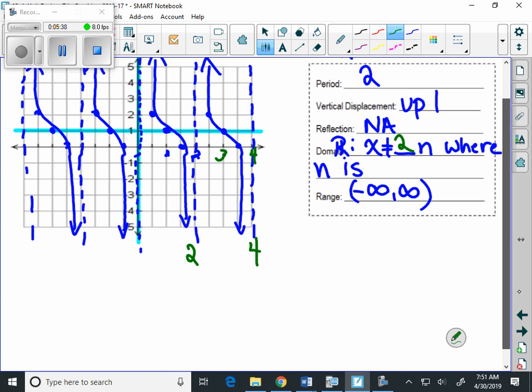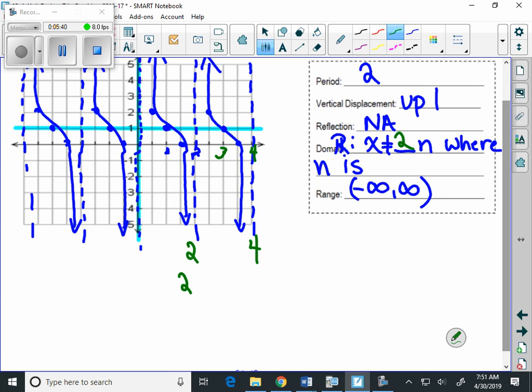When we look at this again, this is 2 times 1. And then our next asymptote is at 2 times 2. And we're looking at those specific values of 1 and 2, and what we end up with here is that x doesn't equal 2n, where n is an integer.